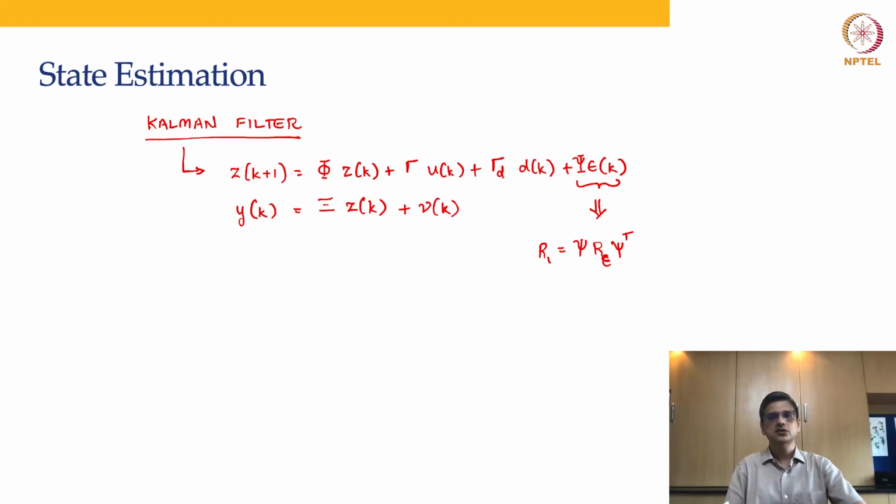Okay, that's all that is. And how do you get that? Just by the definition of the expectation operator, you'll be able to get this. Okay, this is how one would ensure that the state estimator is being done in the correct manner.